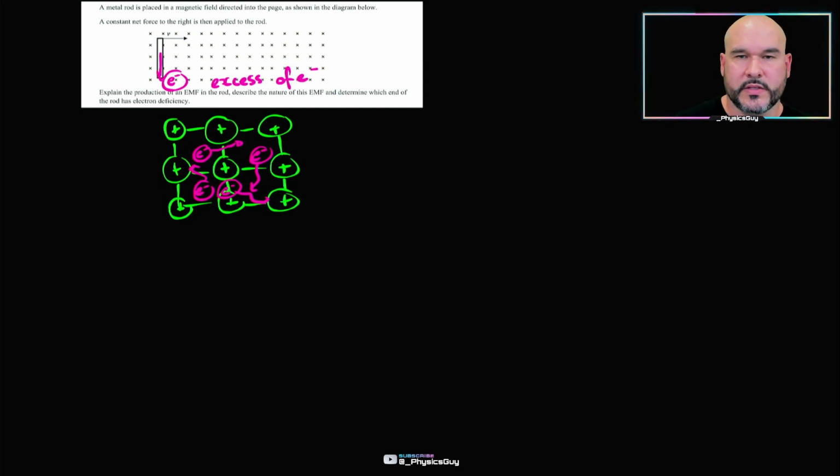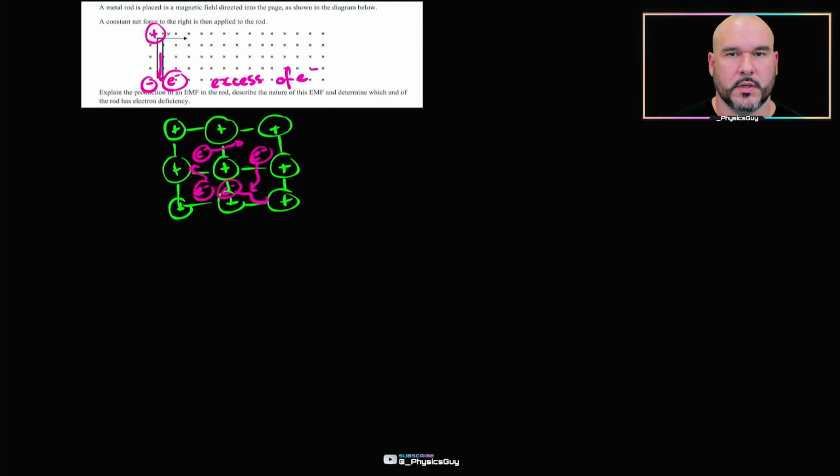Likewise at the top, if the bottom's negative, then the top's got to be positive. Now we would not say this is due to an excess of protons or an excess of positive metal ions or something like that, because nothing's changed in terms of the positive charge. What has changed is there's some electrons which have left. They've gone.